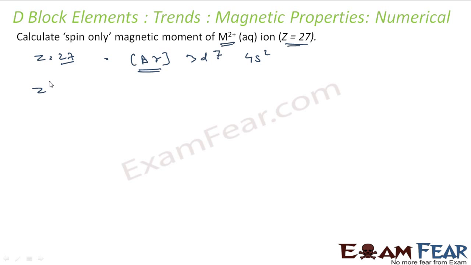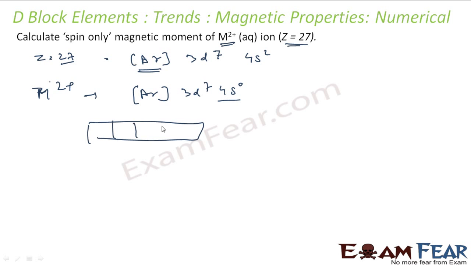Now we'll talk about M2 plus ions. The electronic configuration will be 3d7, 4s0, because the 2 electrons will be plucked from the 4s orbital. So let's find the unpaired electrons in this 3d orbital. 3d7: 1, 2, 3, 4, 5, 6, 7.